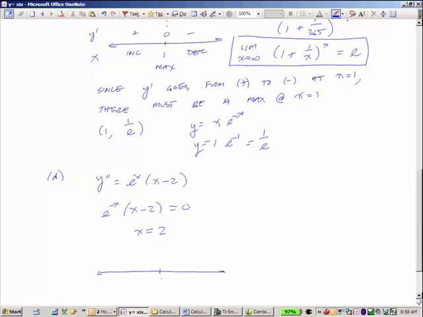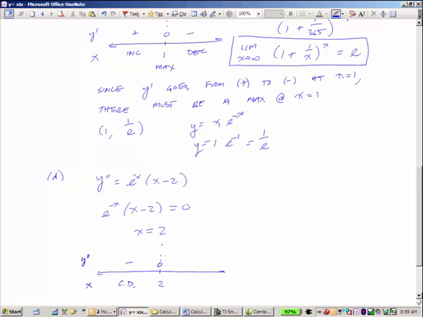So let's see. This divides it into 2 zones, and I have to check a little bit above and a little bit below. What do you want to check less than 2? All right, e to the 0, 0 minus 2, so is that negative? Concave down.